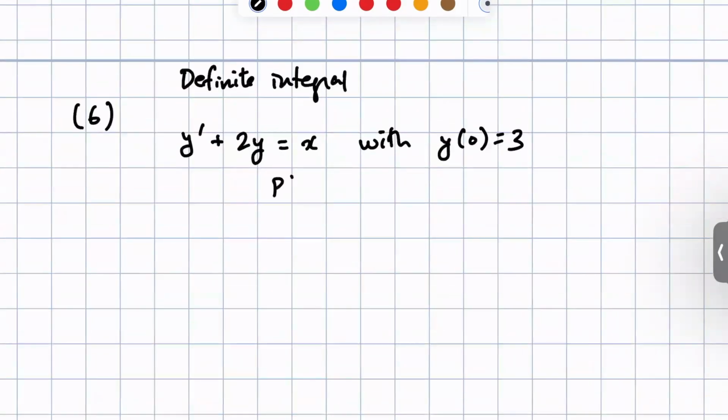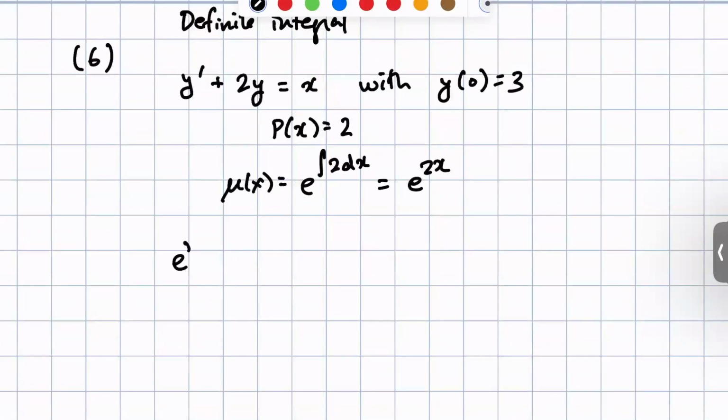Now here, p of x is equal to 2. So mu of x is e to the integral of 2 dx, which is just e to the 2x. Let's multiply through by e to the 2x: e to the 2x y prime plus 2 e to the 2x y is equal to x e to the 2x.